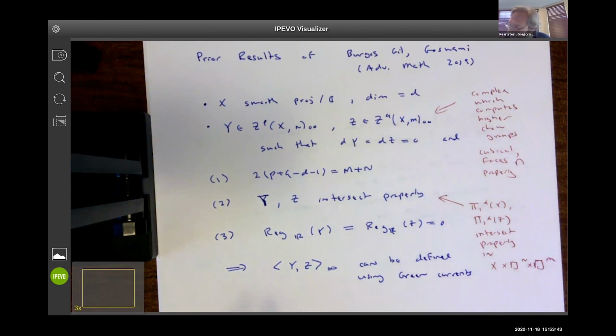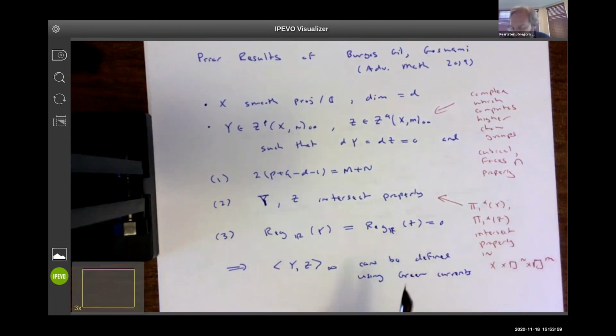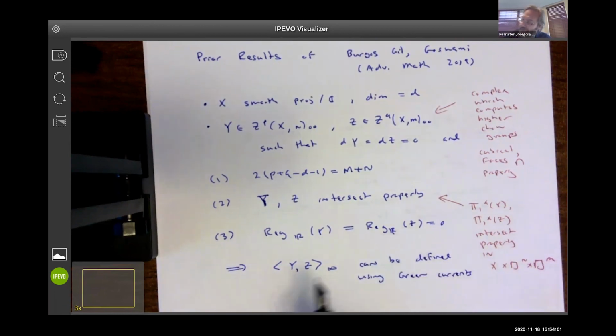Okay, and the third condition, which is maybe the major emphasis of doing this project, is that they also want the real regulator of Y and the real regulator of Z to be 0. So given those conditions, there is a height pairing, and I'm going to put infinity here because this is the Archimedean part of something much bigger that really is like arithmetic Chow groups.